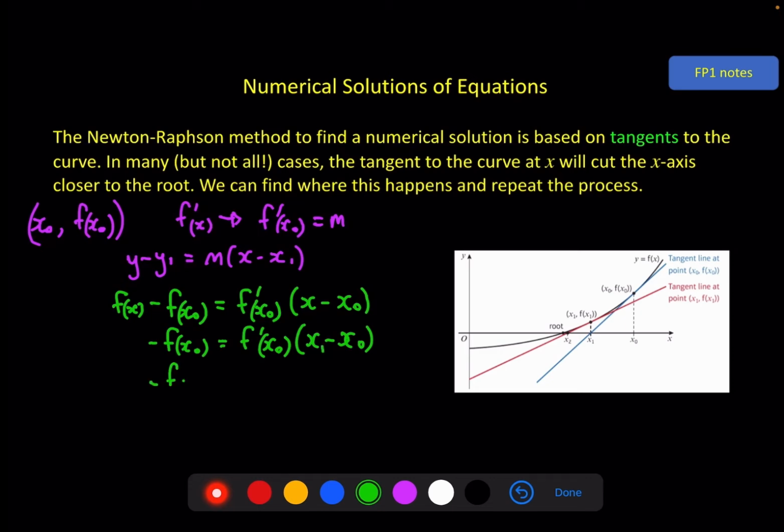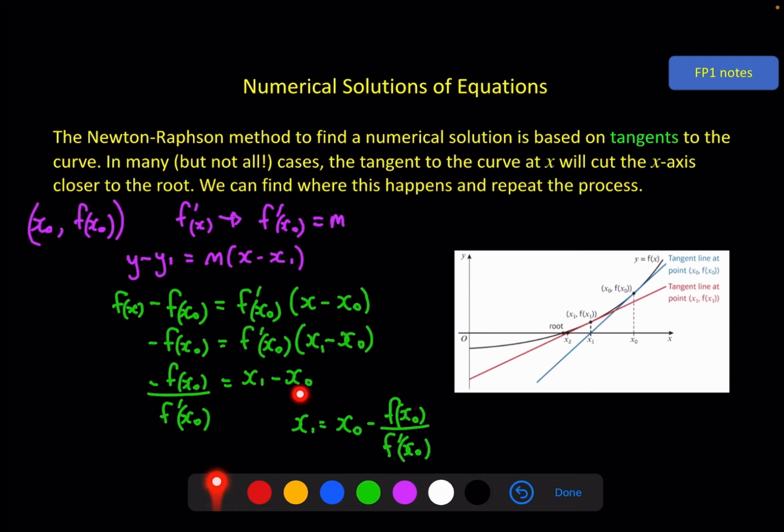So a quick bit of algebra here. Divide through by the derivative evaluated at x0. And this gives us x1 is equal to x0 minus the function evaluated at x0 divided by the derivative of the function evaluated at x0.